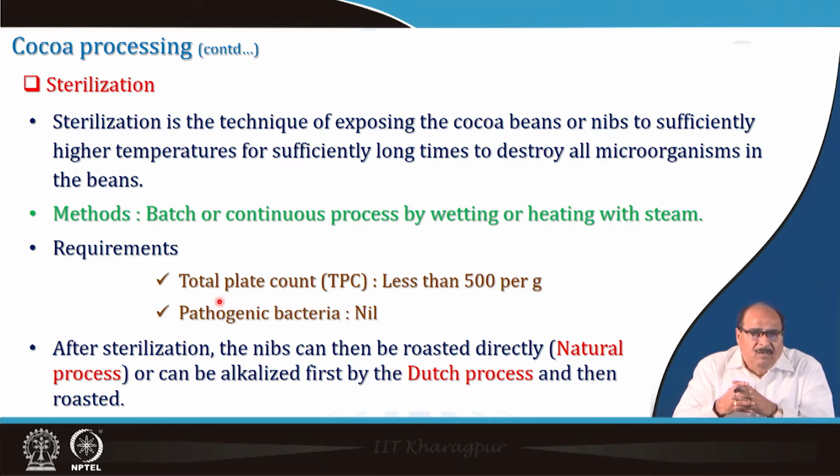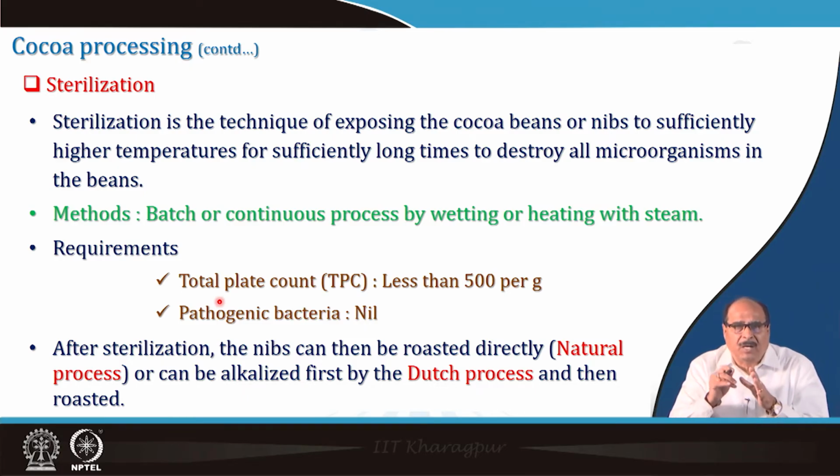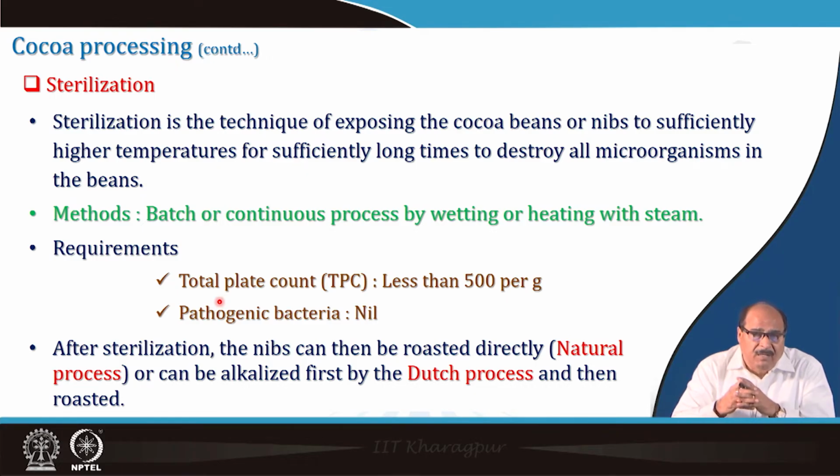Either a batch or continuous process is used, by wetting or heating with steam. The requirement after sterilization is that the nibs should contain less than 500 total plate count, that is 500 CFU per gram, and nil pathogenic bacteria.